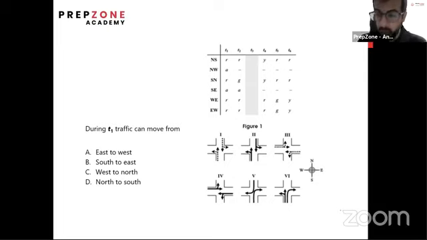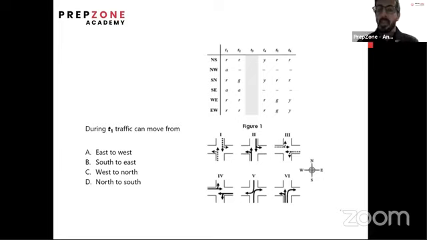So if you look at the graph below, where are NW and SE going? Northwest and southeast. Okay, so you can go northwest and southeast. So over here, the options give you, can the traffic go from east to west? No, NW and SE does not mean that it can go from east to west.